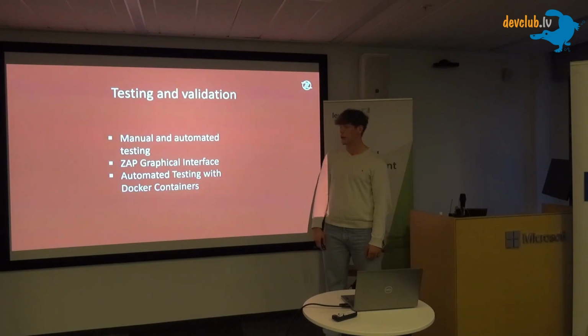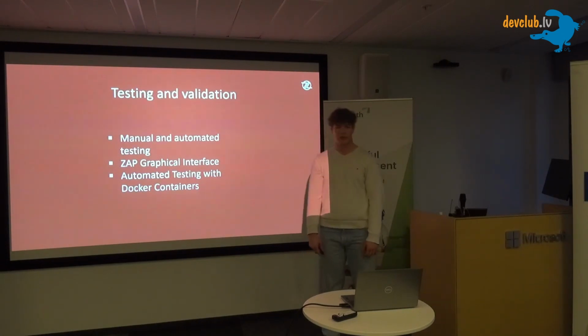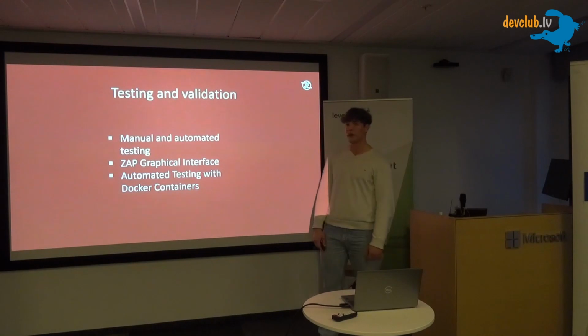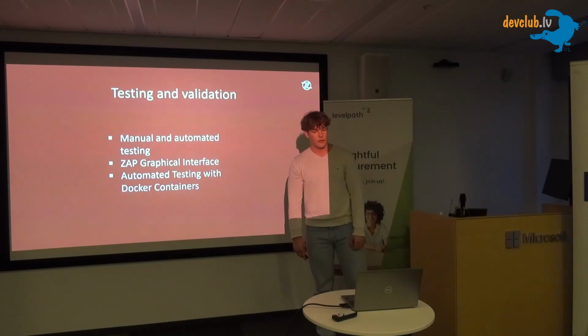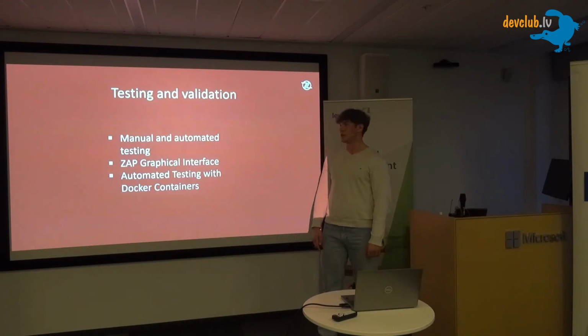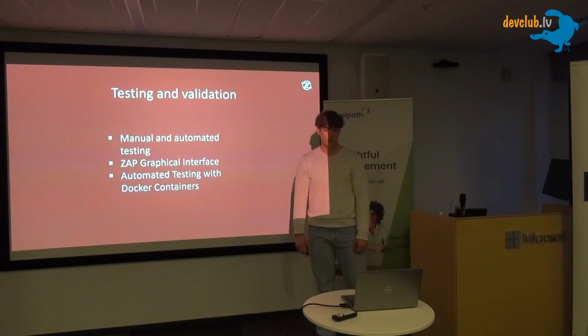And as far as testing and validation goes, we did testing and validation from the ZAP GUI, the graphical interface, and also Docker containers. Well, initially, we used the GUI as it was simpler to understand.